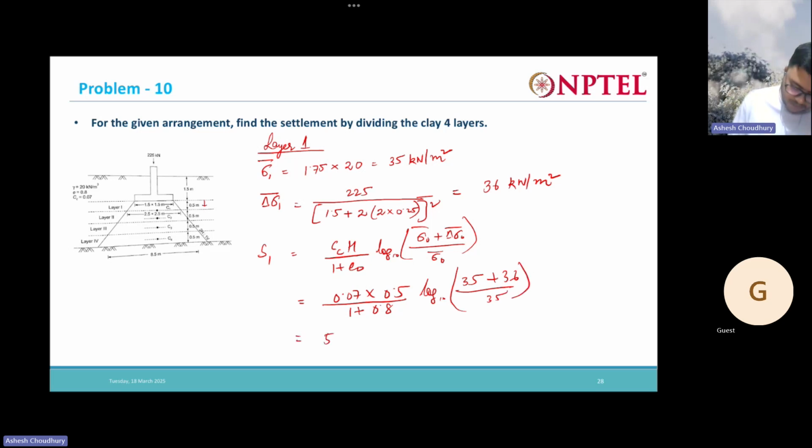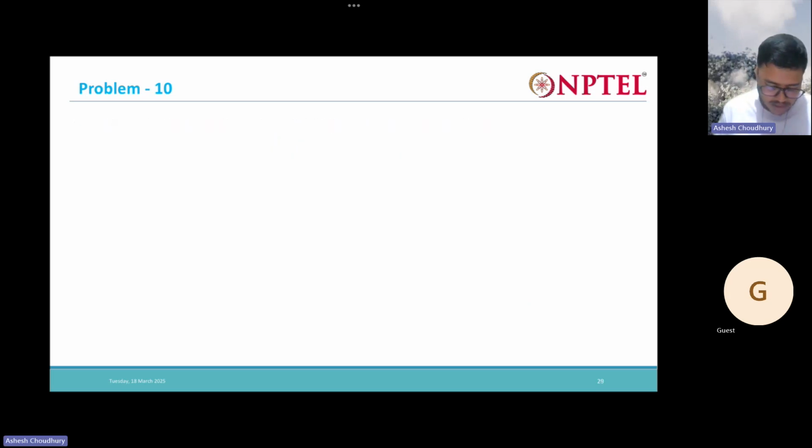What is 5.97? And if you convert it to millimeters, it comes out as 5.97. Now, similarly, we'll do for layer 2.